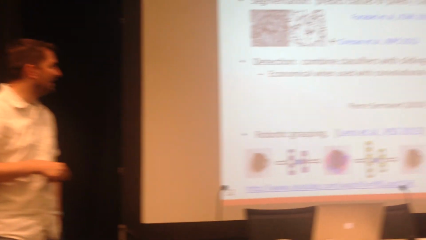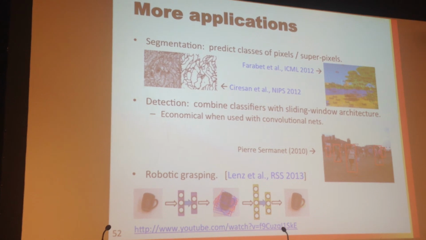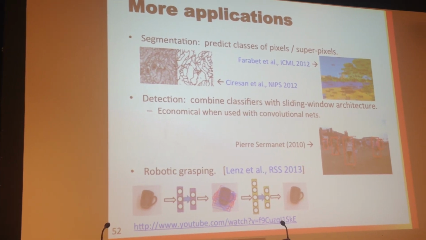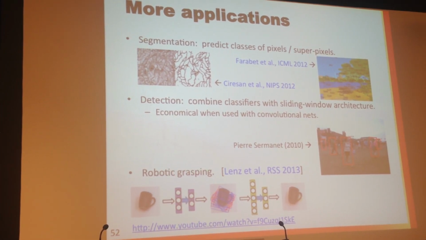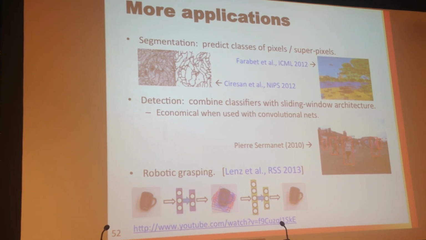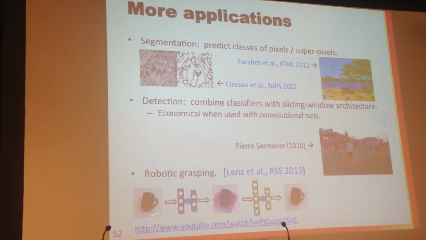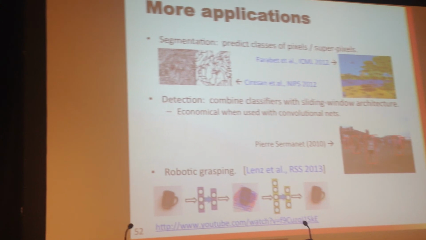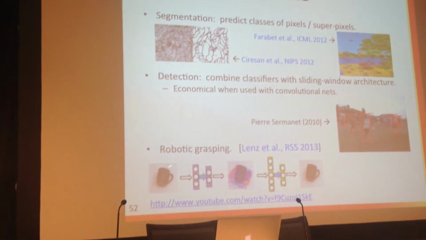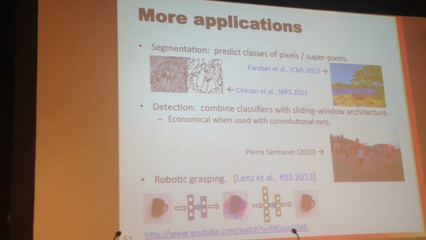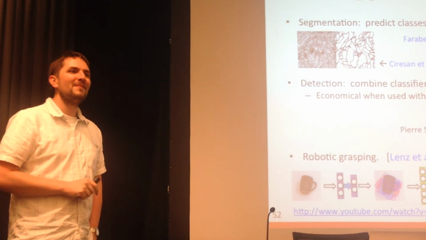And another cool one, so this one's from University of Michigan. Actually, Honglak Lee is one of the professors responsible for this, came out of our lab at Stanford. Using a neural network to look at an image like a coffee mug and decide for a particular location, for a particular region in the image, is this a good place to grab the coffee mug?